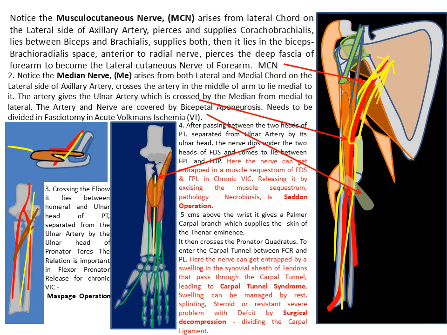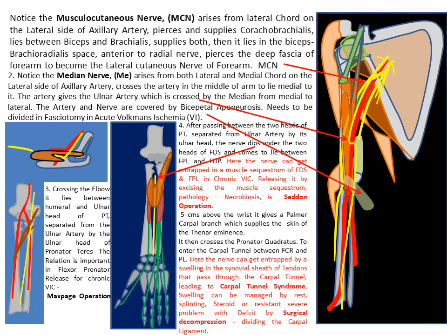Then 4. After passing between the two heads of the pronator teres, separated from the ulnar artery by its ulnar head, the nerve dips under the two heads of the flexor digitorum superficialis and comes to lie between the flexor pollicis longus on the radial side and flexor digitorum profundus on the medial side.